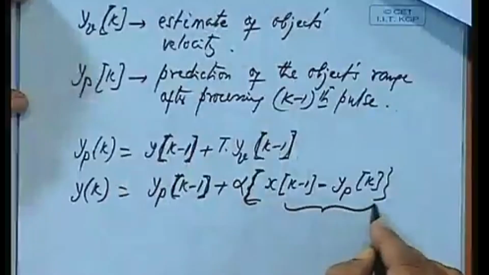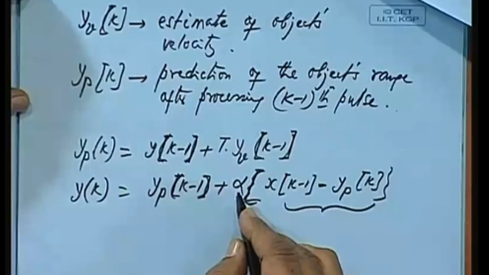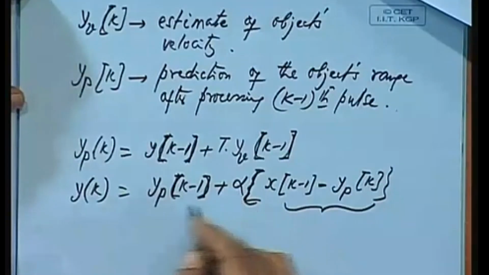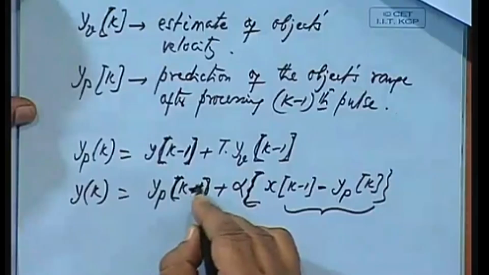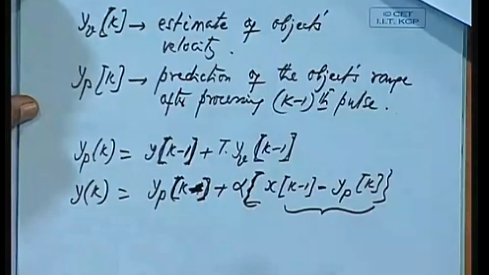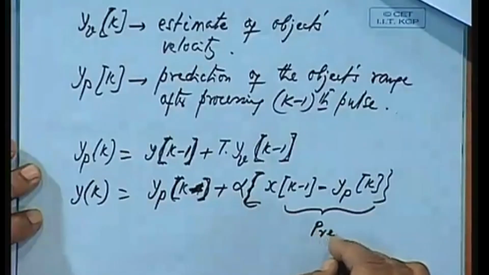So, the prediction error multiplied by a constant, normally less than 1, plus the prediction made in the previous instant. Mind you, the prediction is made at this instant from the previous data. This is the prediction error.